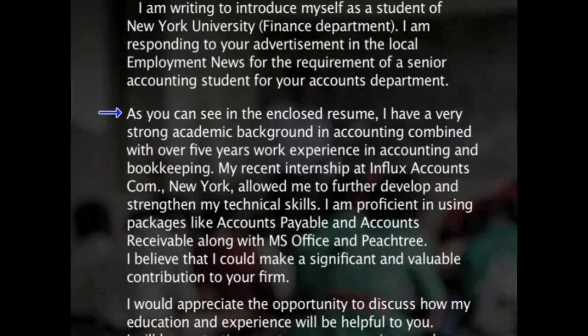My recent internship at Influx Accounts Company, New York, allowed me to further develop and strengthen my technical skills. I am proficient in using packages like accounts payable and accounts receivable along with MS Office and Peachtree. I believe that I could make a significant and valuable contribution to your firm.